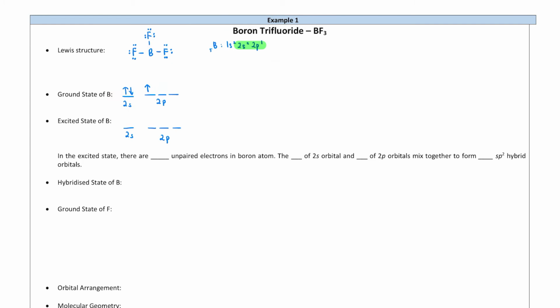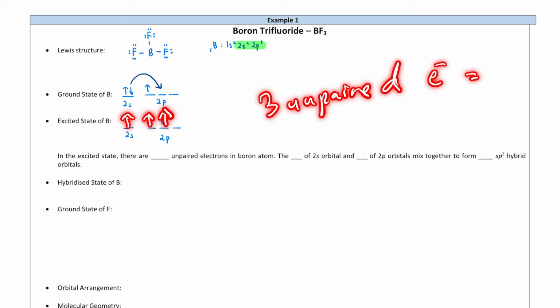So let us excite this electron to empty orbital of 2p. End up kita akan dapat 3 unpaired electron. So now we have 3 unpaired electron. So ngam lah. Sebab 3 unpaired electron, that means we can form 3 bonds. So 3 bond, betul lah kita memang nak hasilkan 3 bond.